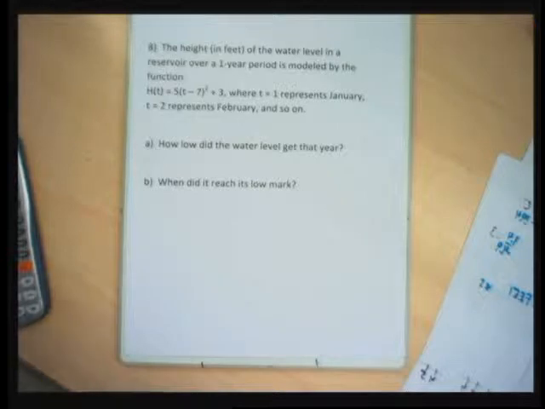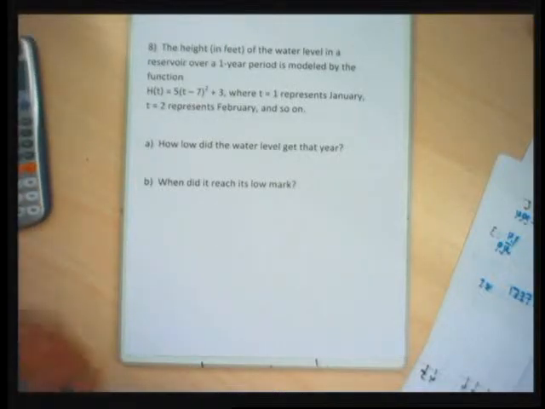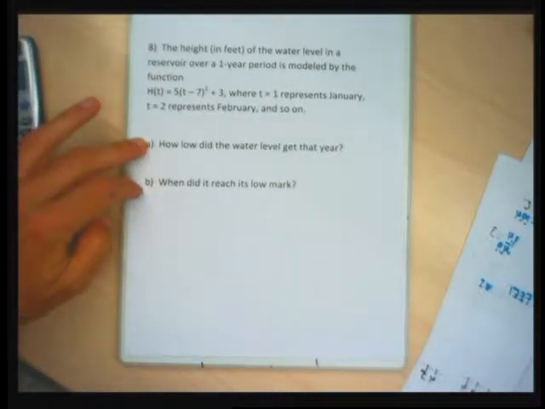So the height of the lakes or reservoirs fluctuate throughout the year. If you're used to Los Angeles, there's lots of reservoirs around town, and same sort of thing. Their height fluctuates throughout the year, and usually our reservoirs go down in the summer and they go up in the winter.